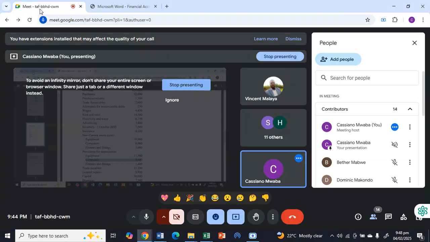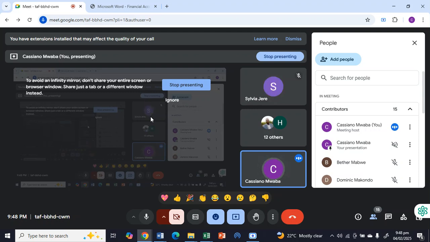I think that will be better, because if we start with the table, then we come to this adjustment, then we go back to the table, we'll be jumping around too much.